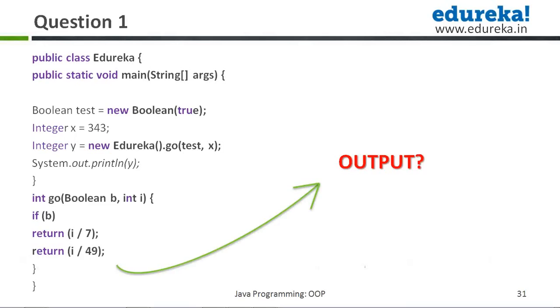All of you, please give your answers on the chat window. Okay, he says I did the division on calculator. I'm still waiting for the answers from the rest of you. Everyone seems to be actually writing the entire code on Eclipse and then trying to give me the answer.